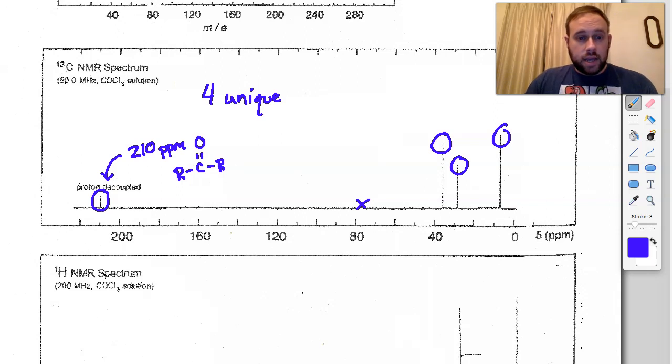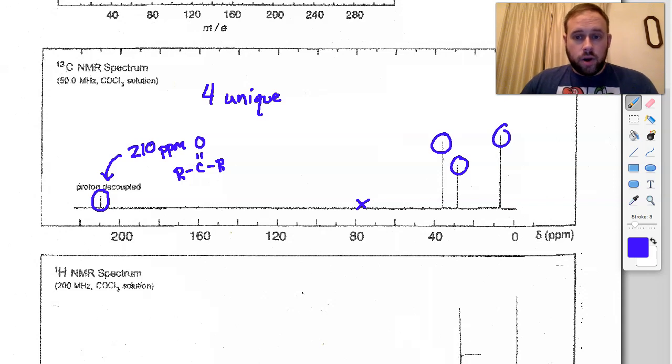An aldehyde could be in that region, but it tends to hang out a little bit more towards like the 190, 200 area. So a ketone is more probable. We can confirm this by proton NMR next, because if it was an aldehyde, that aldehydic proton would show up around 9 ppm on the proton NMR.